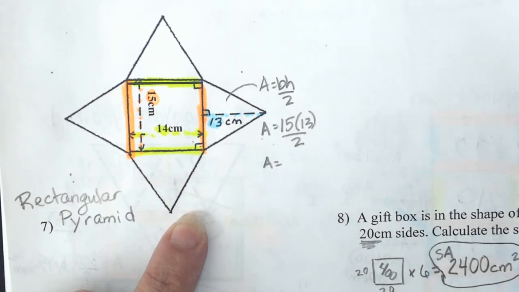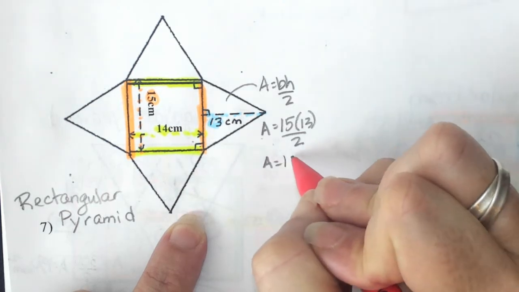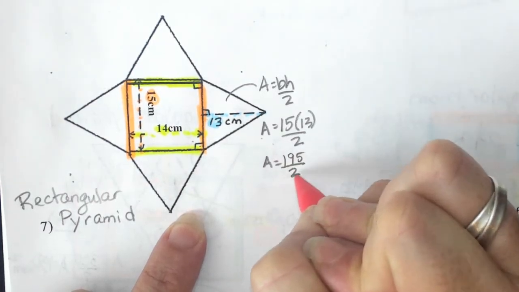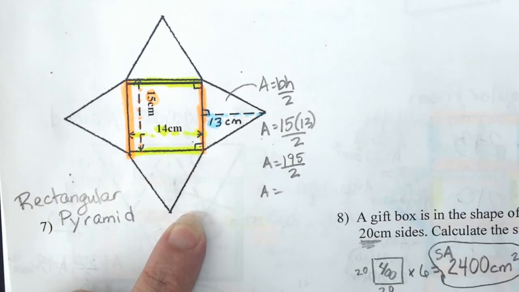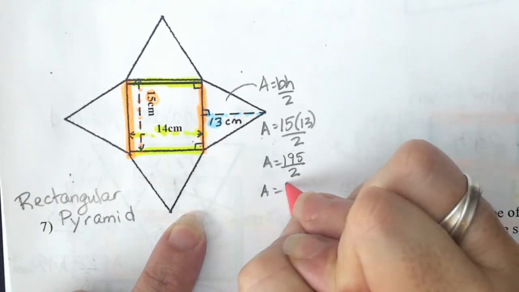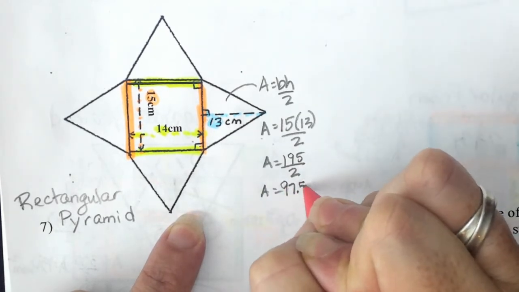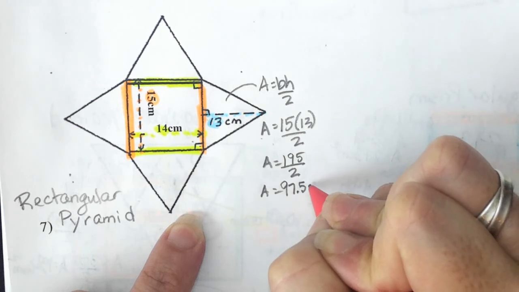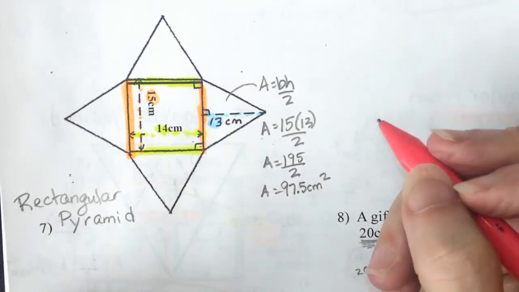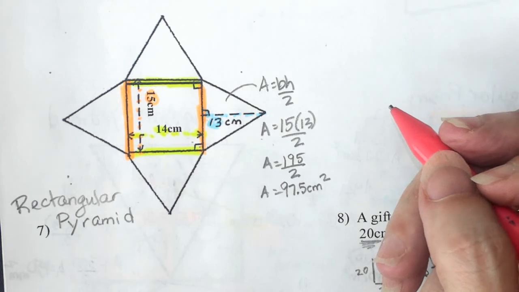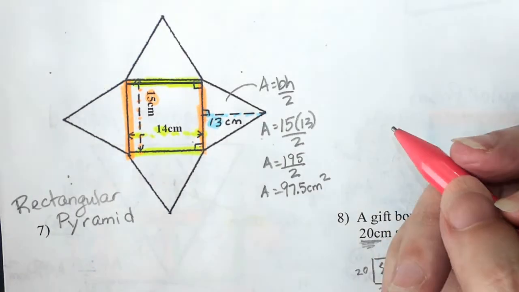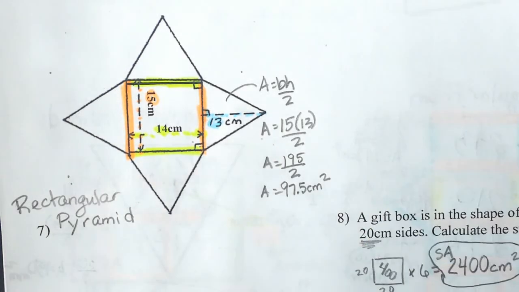Which is 195. Divided by 2, 97.5. Now, that is the only triangle. The only ones that apply are ones that are orange and blue.